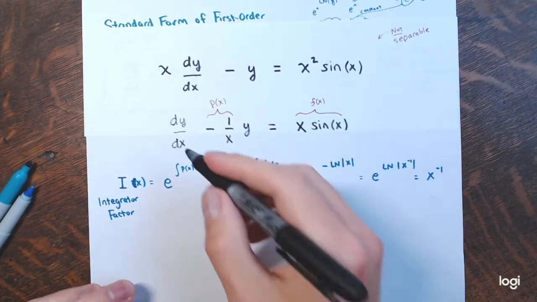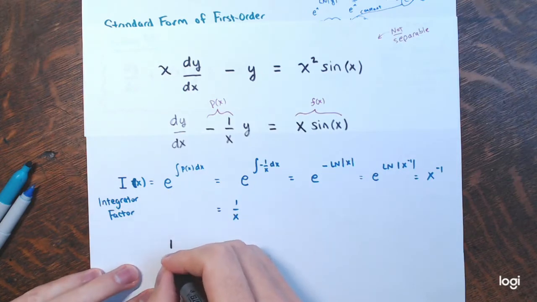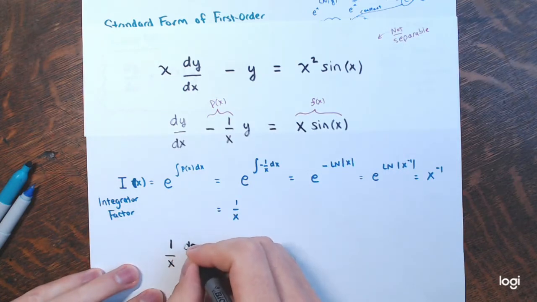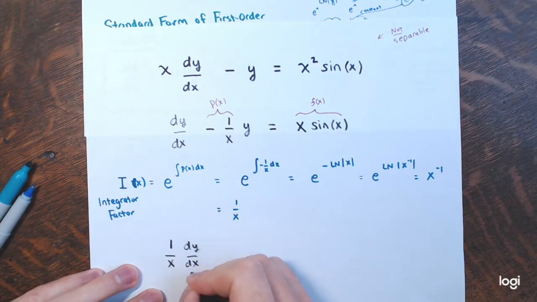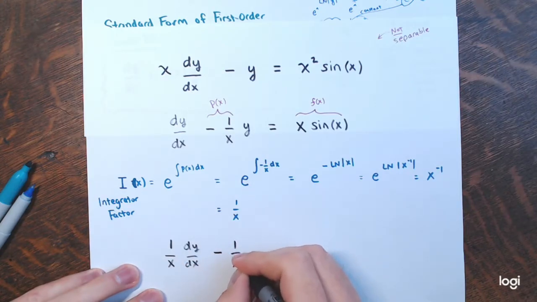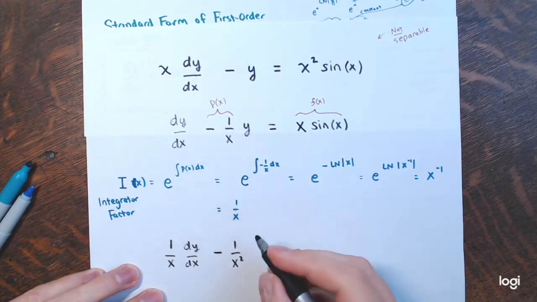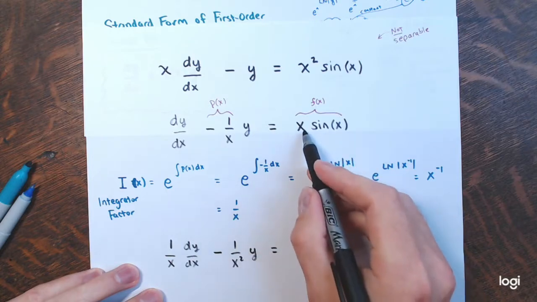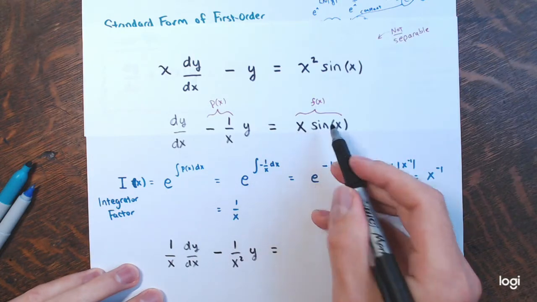So now I have 1 over x times dy/dx minus 1 over x squared, because 1 over x times 1 over x is 1 over x squared, times y equals, and then multiply this side by 1 over x, the x is canceled, and you just get sine of x.